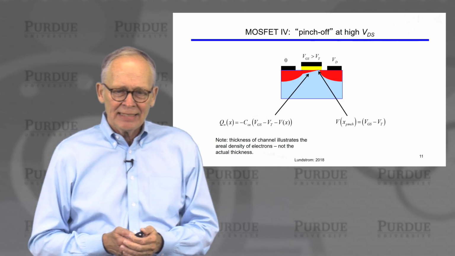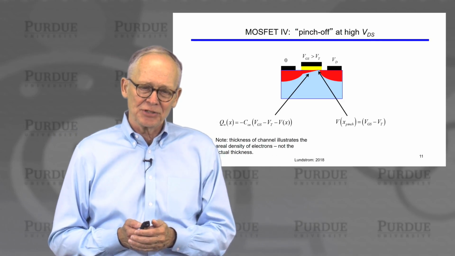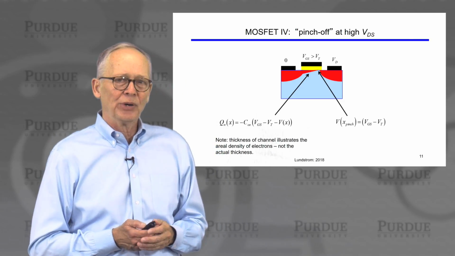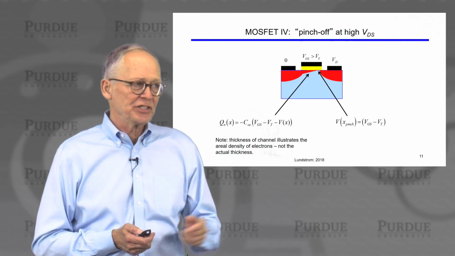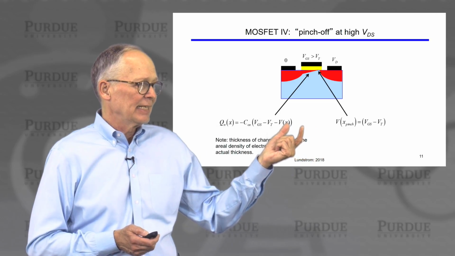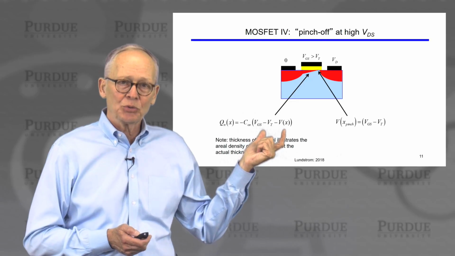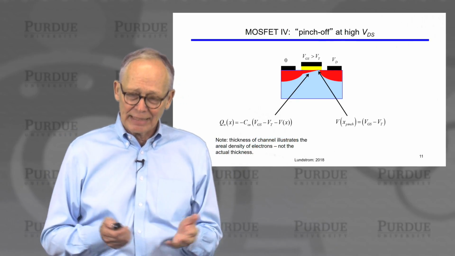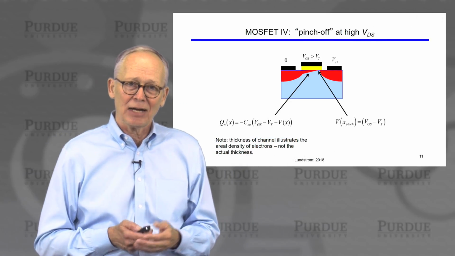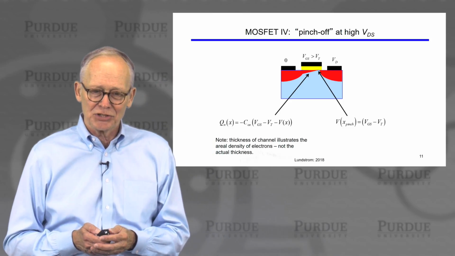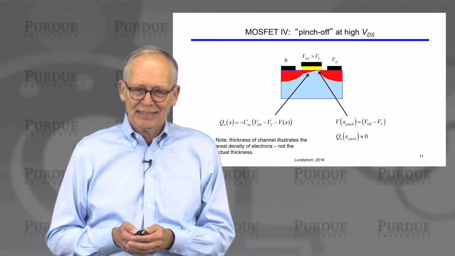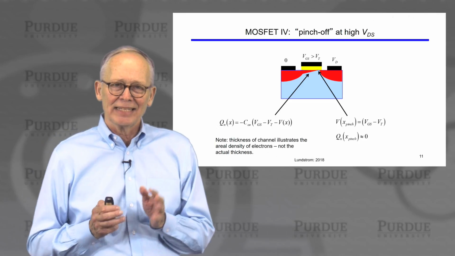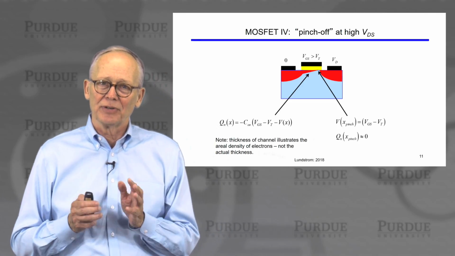Okay. Now, if we go into the saturation region, we can actually get to a point where the voltage reaches VGS minus VT. If it reaches that point, I have no charge in the channel. Well, that's interesting. You might ask, what happens? How can current flow if you have no charge in the channel? Well, it's not exactly 0. It's close to 0. It's very small.